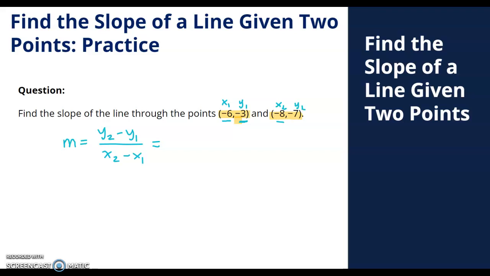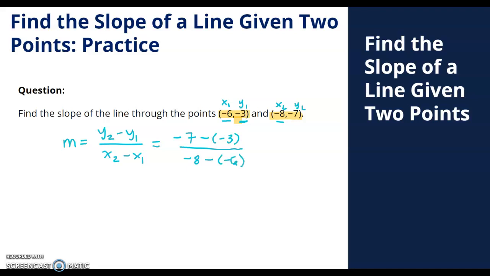So plugging into your formula, y sub 2 is -7 minus y sub 1, which is -3, divided by x sub 2, which is -8, minus x sub 1, which is -6.